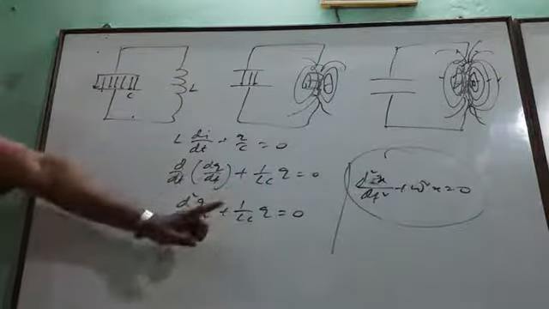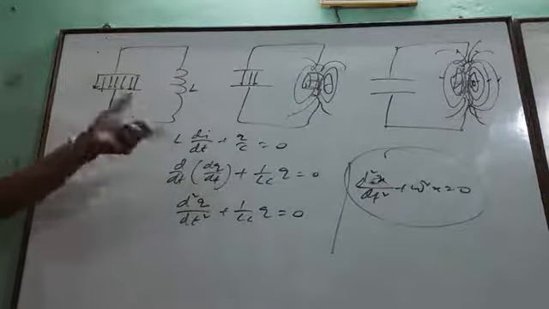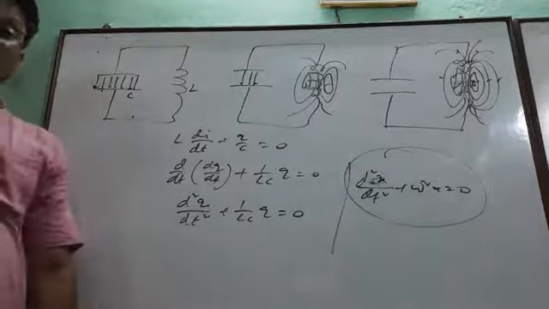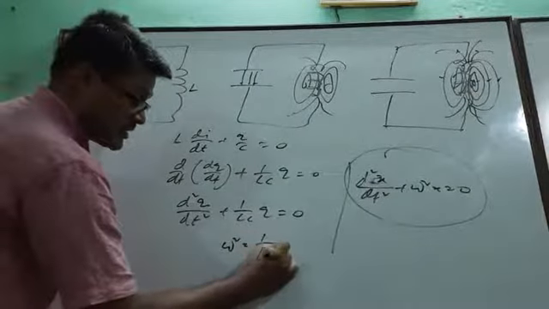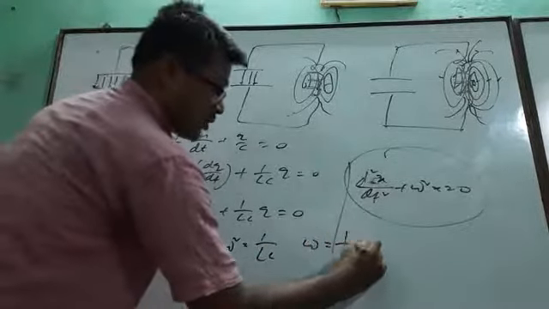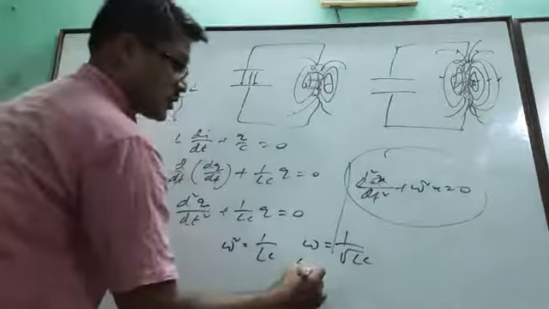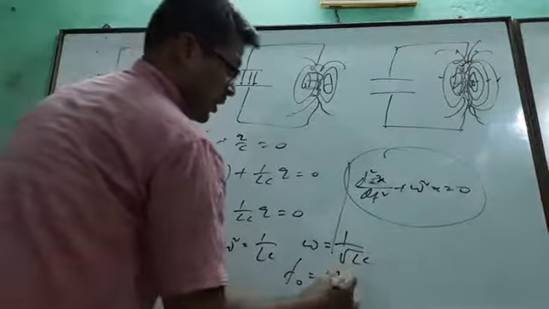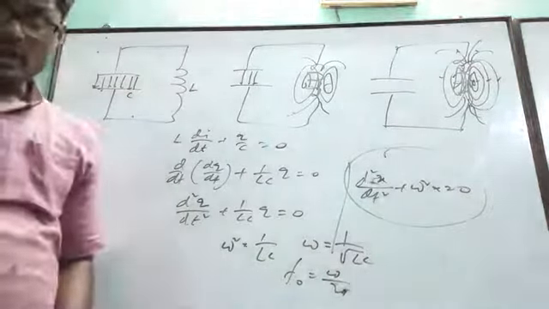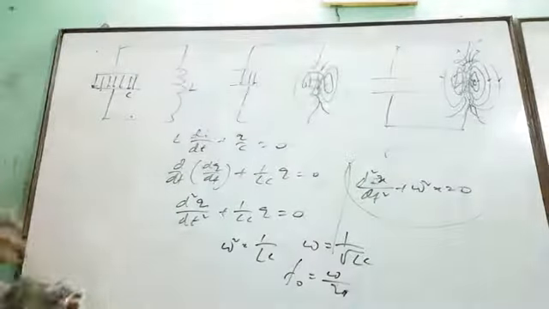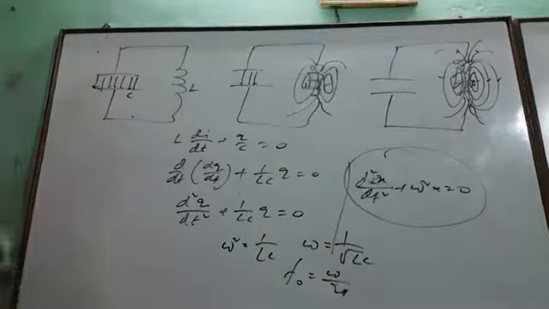So here also SHM is going on between electric energy and magnetic energy. Then we can say that omega square equals 1/LC, so omega equals 1 by root of LC, and frequency equals omega by 2 pi. So this is the oscillation of magnetic energy and electric energy.